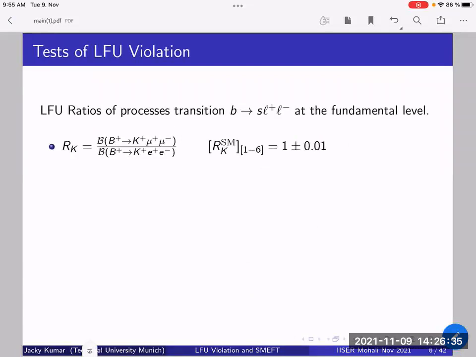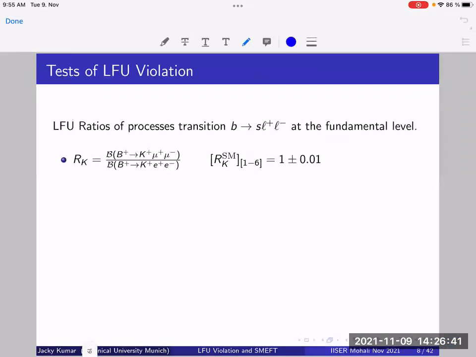Okay, so now let us look at what kind of observables we have. As I said, we can look at b to s l plus l minus transitions. In particular, B plus to K plus mu plus mu minus, and B plus to K plus e plus e minus. So what you can do is construct a ratio of these two branching ratios.